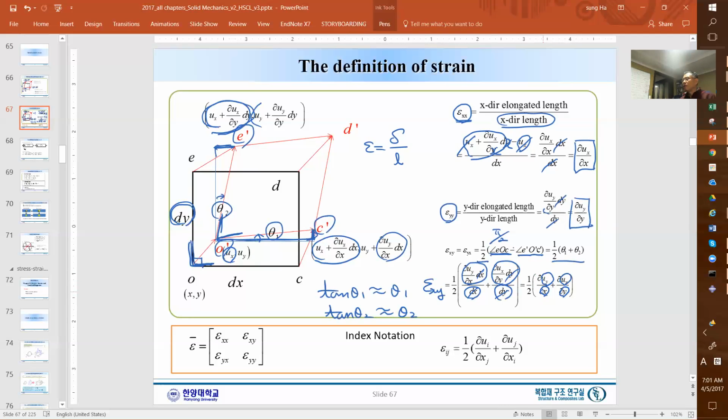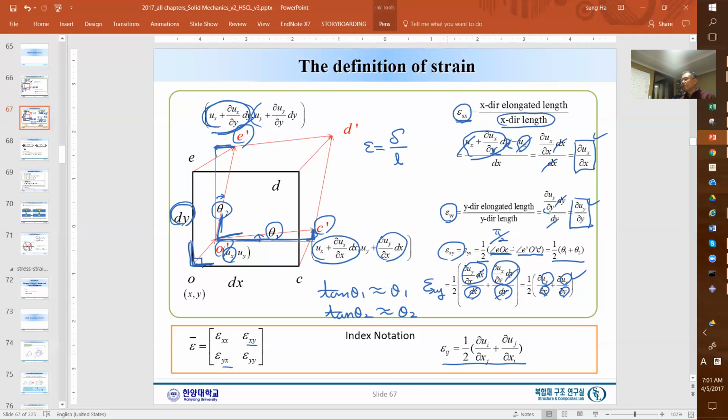Okay, so these are the three strain components, actually four components. Now we can use index notation, and epsilon xy and epsilon yx are the same. Index notation means that one index expression will indicate all of these, all three. So we can use an index equation like that.